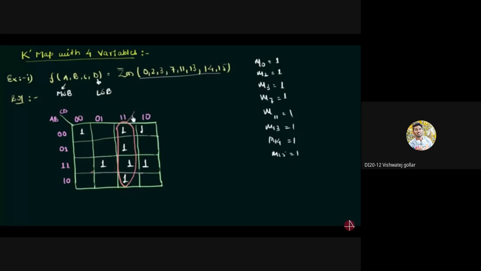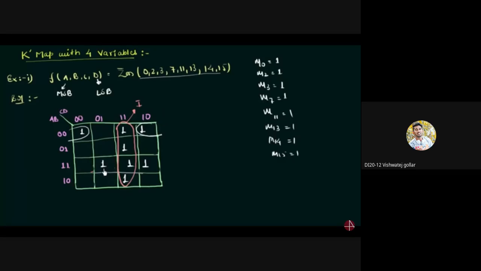I can see this combination of ones, these 4 ones can be combined, and let us give it name 1. Now we will see how to combine this one. It can be combined this way, these 2 ones. Now we are left with these 2 ones.